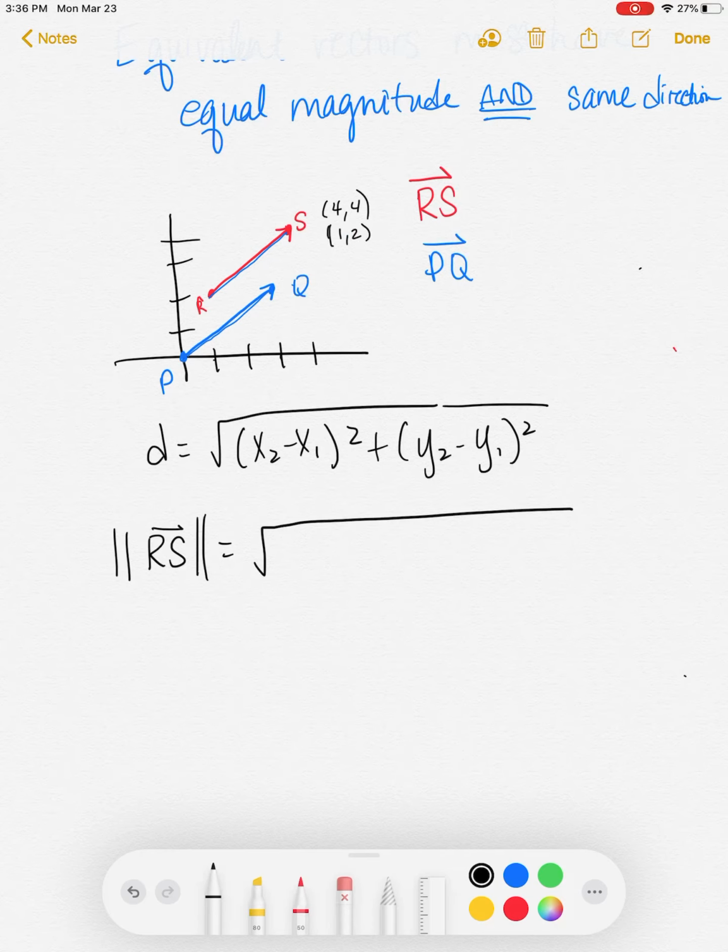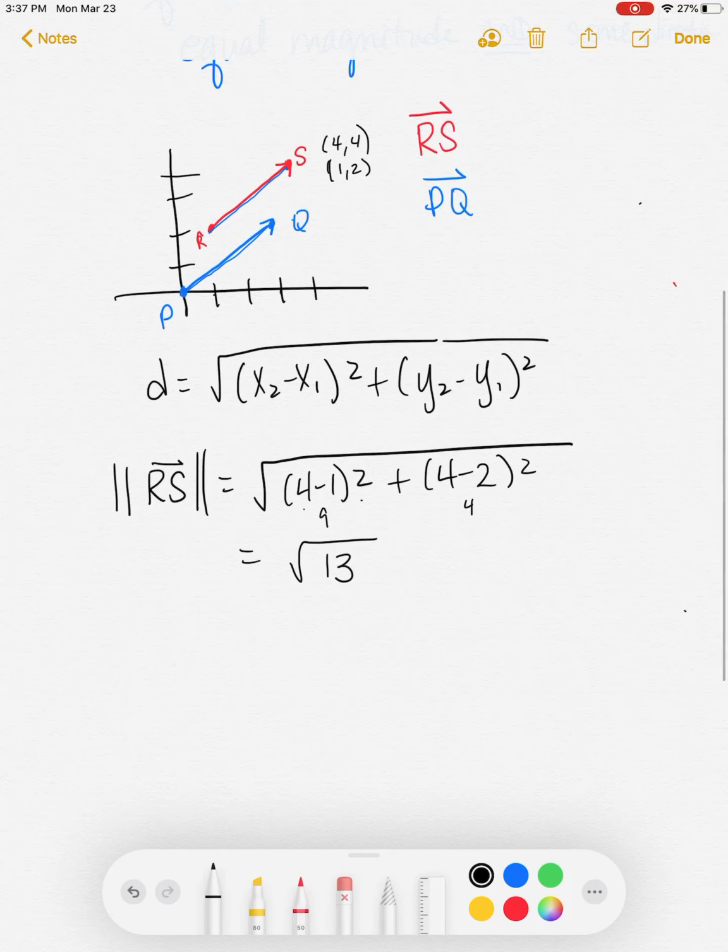So let's find the magnitude of that guy. He would be 4 minus 1 squared plus 4 minus 2 squared. So 3 squared is 9, 2 squared is 4. So the square root of 13 is the magnitude of RS.